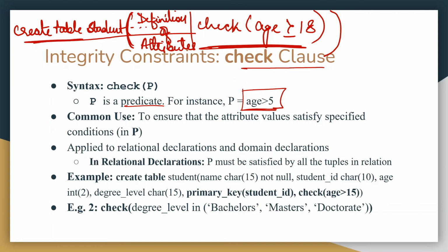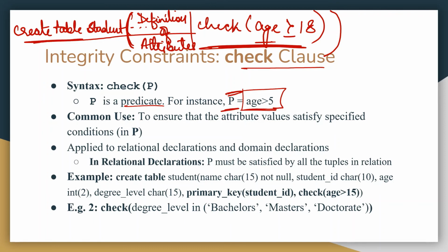Okay, so then what is the common use? Common use is to ensure that attribute values satisfy specific conditions which are in the predicate. So all the tuples in the relation need to obey this condition for whichever attribute it is placed on. Like in this case, the attribute which is concerned is age. So in all the tuples, in all the student records, age should be more than or equals to 18.